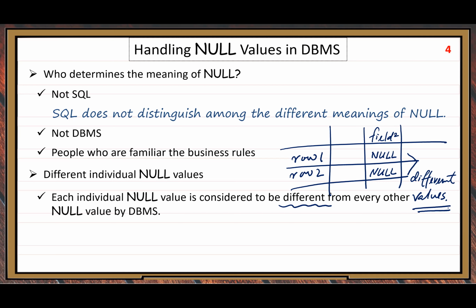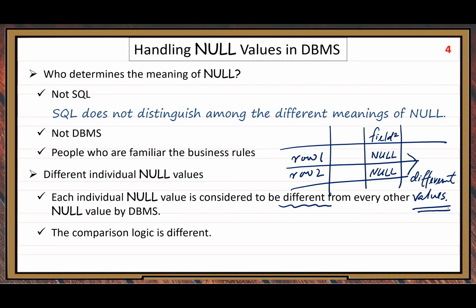But because they could be different, the DBMS automatically treats them as different values. If you really compare null with null for equality, the result will be unequal, not equal.